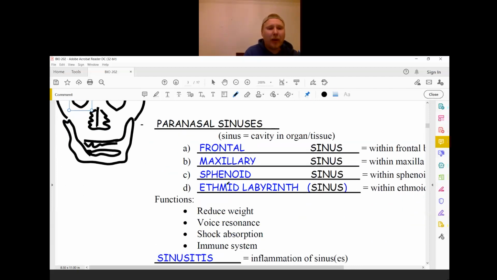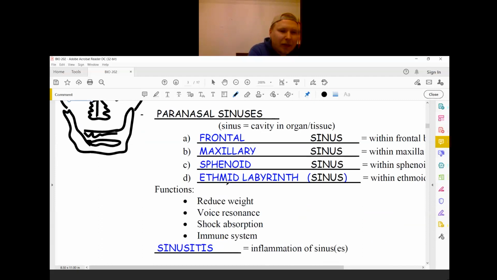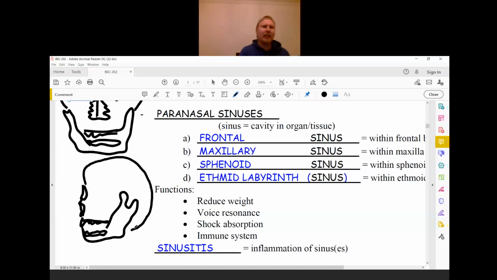Let's add to the bottom also a side view. So here we have the eye socket, the nasal cavity or nose, and then we have our mouth here with the teeth on the upper jaw and lower jaw, our mandible coming up, and the rest of the skull there.